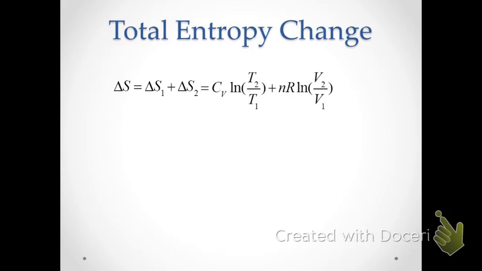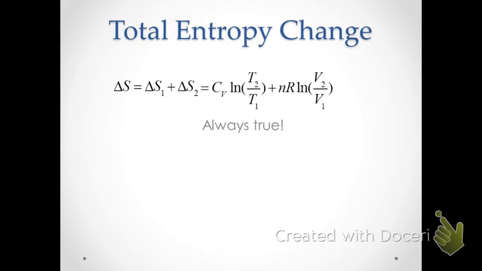Now here's the thing. Because everything in this, the temperature and the volumes, are all functions of state, this expression is true for every process, regardless of whether it's adiabatic reversible, adiabatic irreversible, isothermal reversible, isothermal irreversible. We will get the same result.